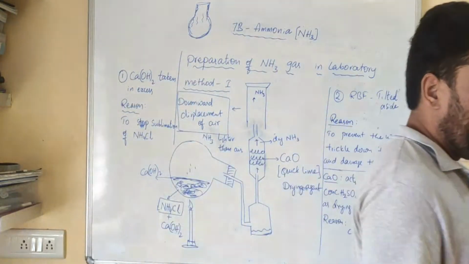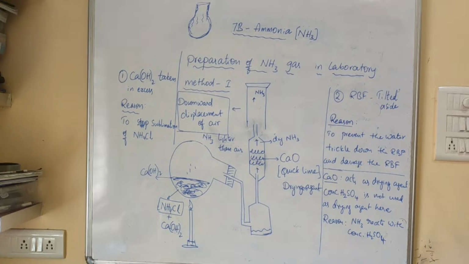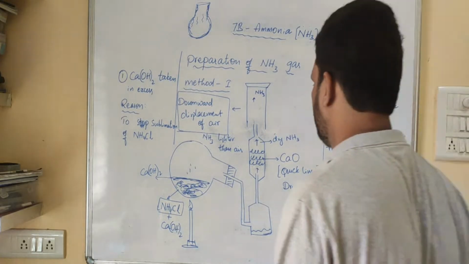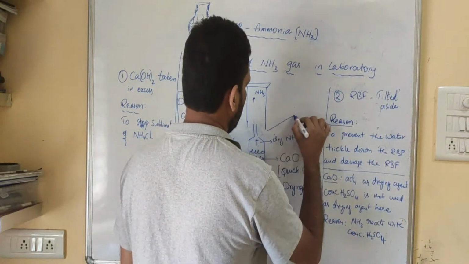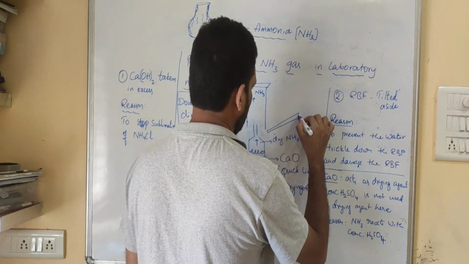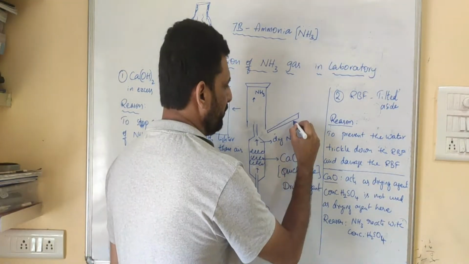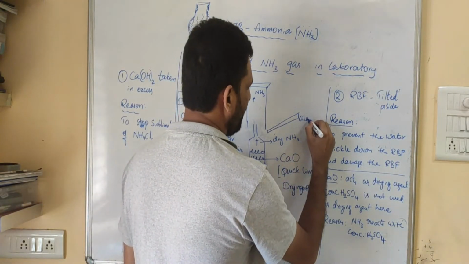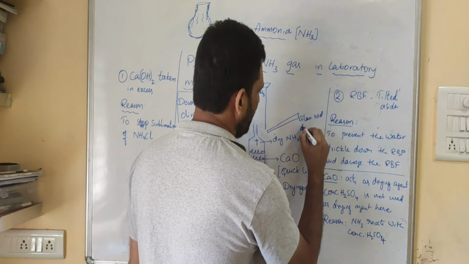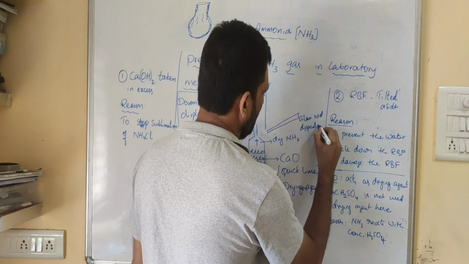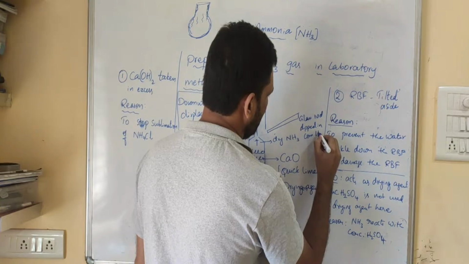So you prepared ammonia gas. Then how do we test ammonia gas? We take a glass rod dipped in concentrated HCl.